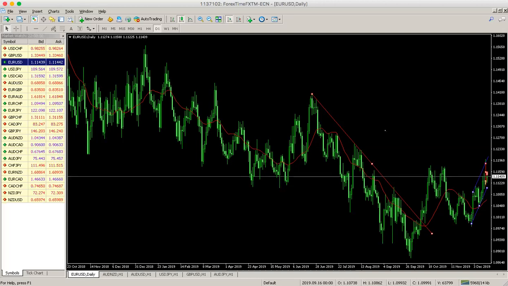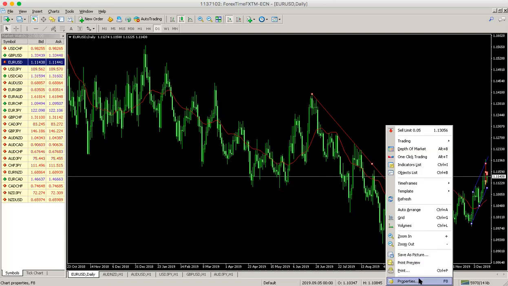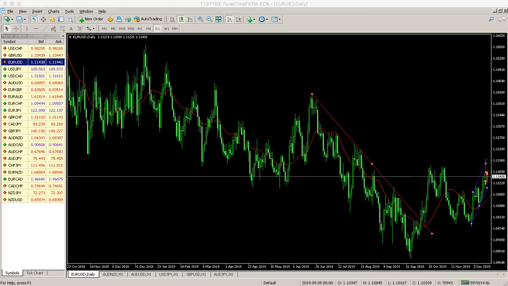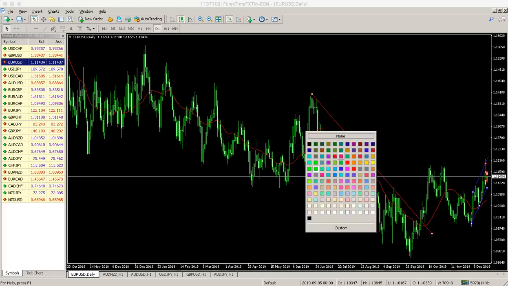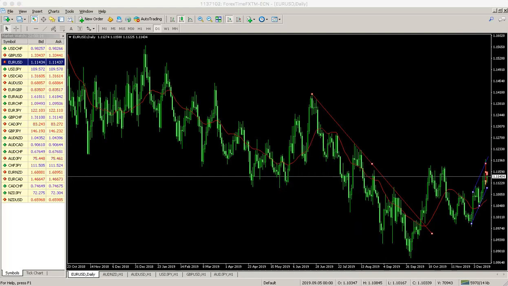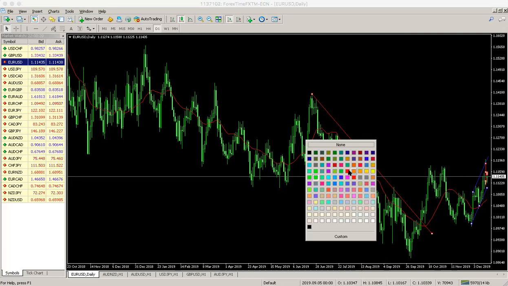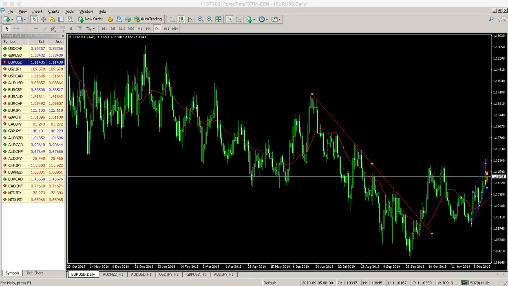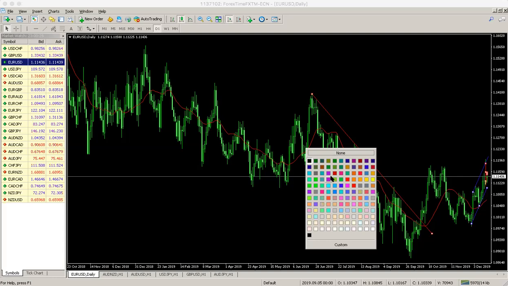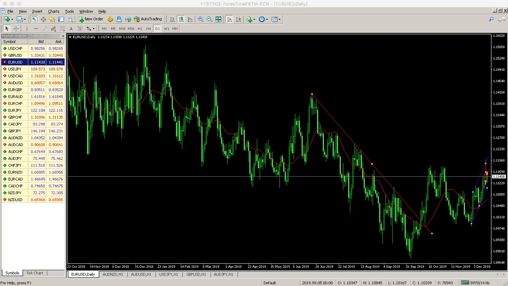Let me change this to green and red so that you can see. Up is green, down is red. Bull candle green, bear candle red.